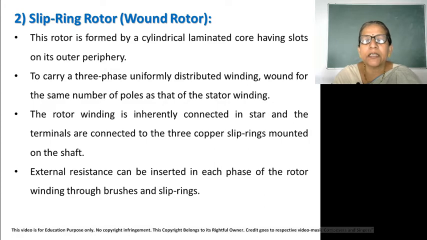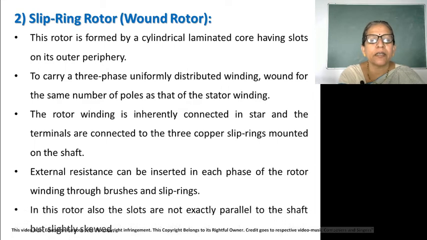These brushes are just touching the slip rings, and then the external terminals are taken out from the three brushes, again having three terminals R, Y and B. These three terminals of the rotor will be connected to the external resistance bank, which will again be a three-phase resistance bank.